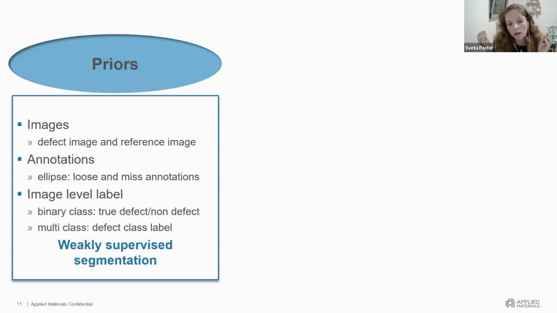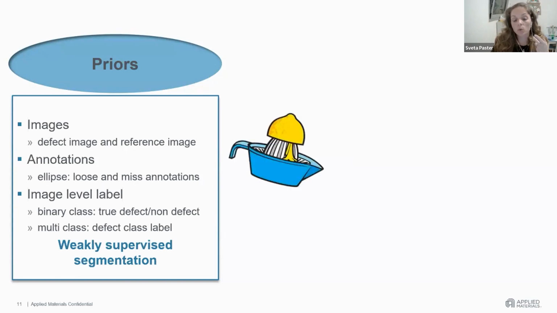So basically, our solution is not really supervised segmentation, because we have this noise that we're talking about. Our solution is more weakly supervised segmentation, and I want to show you the approaches that we can take in order to overcome this obstacle.